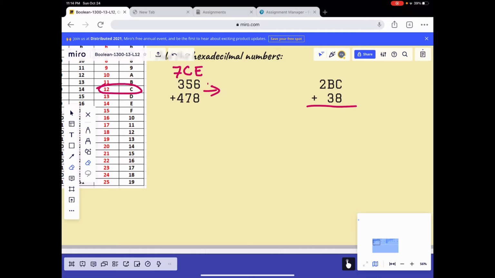So first, C hexa plus 8 hexa. C equals 12, so I write out 12 decimal plus 8 decimal equal 20.